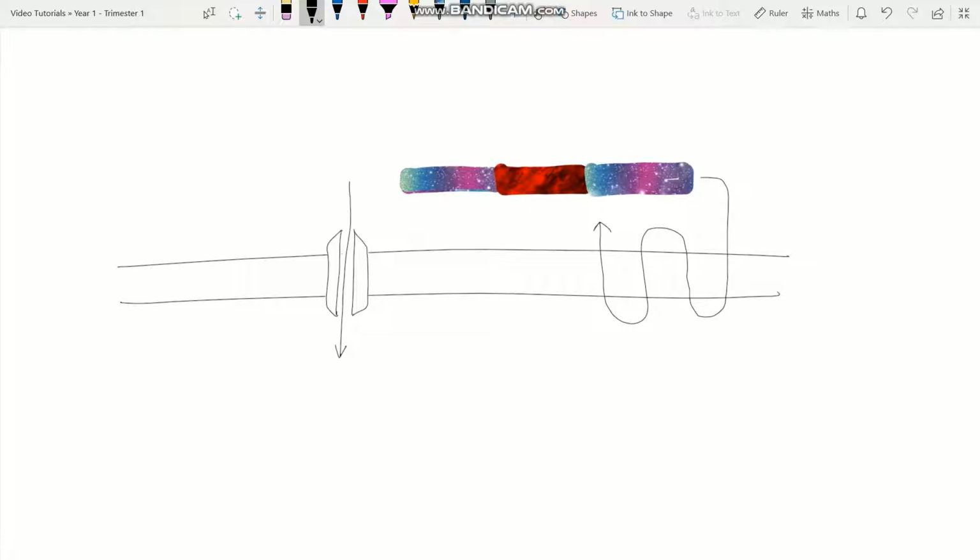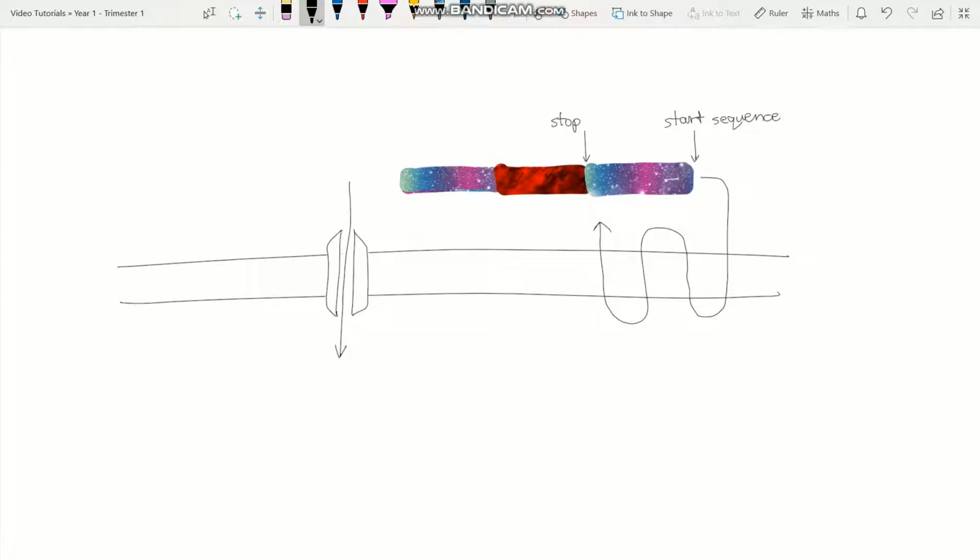So let's see how this occurs. Essentially what happens is that each amino acid has a start sequence, and where there is a hydrophobic part present, there will be a stop sequence.